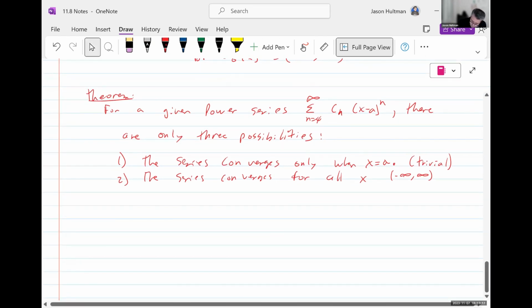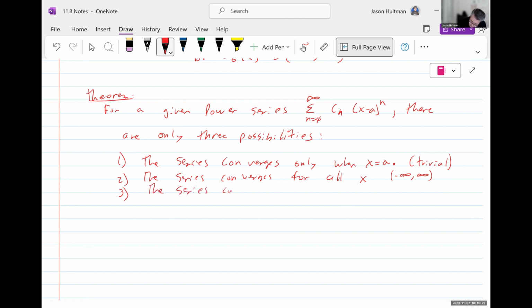And number three, the series converges when the absolute value of x minus a is less than R, for some positive R, and diverges for the absolute value of x minus a greater than R.